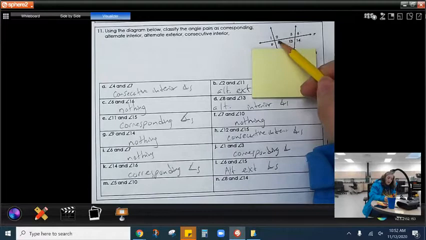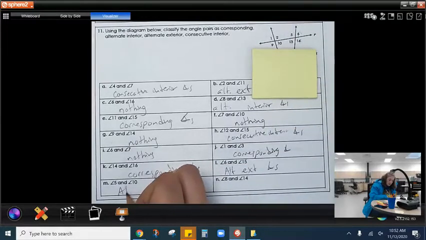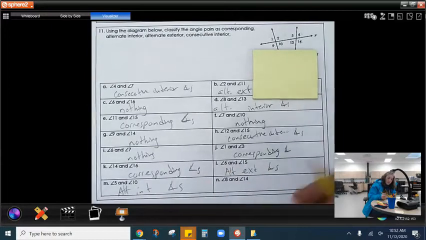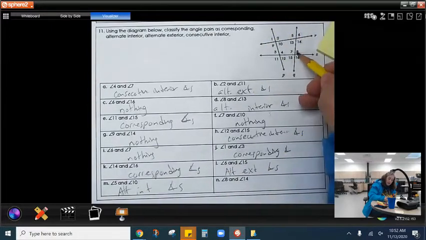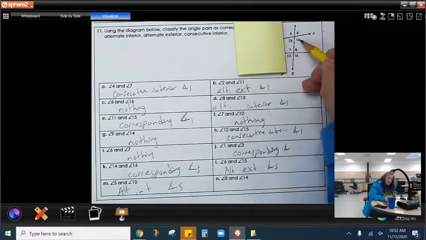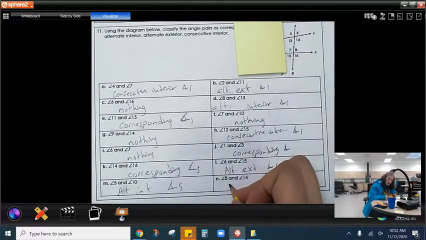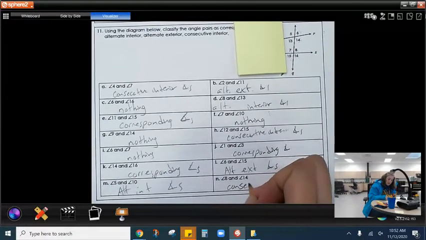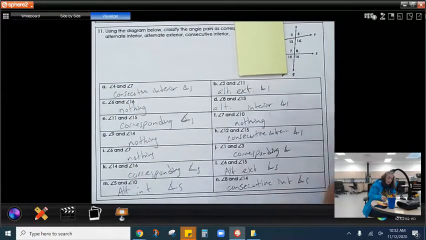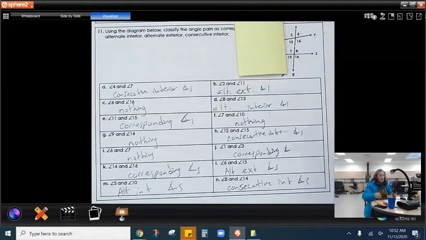Well, they are interior and they are on opposite sides, so they are alternate interior angles. And then angle 8 and angle 14. Cover up what I don't need. They are consecutive interior angles, right? They're on the same side and they are on the inside.